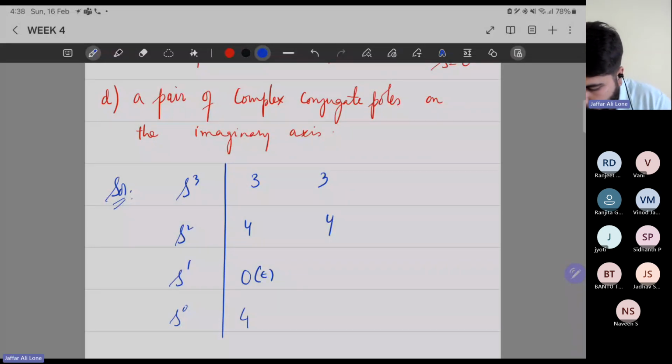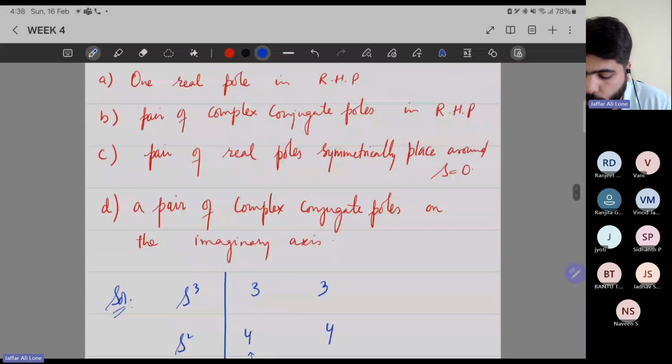The element before the zero is 4, after it is 4, both positive. It means there is a pair of poles on the imaginary axis. So as per the options, option D is correct, a pair of complex conjugate poles on the imaginary axis. But if you go by this method, you'll only be able to conclude this, and that's okay since the question is asking only this much.